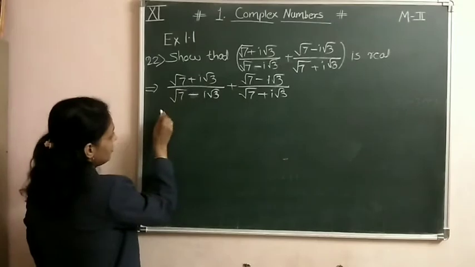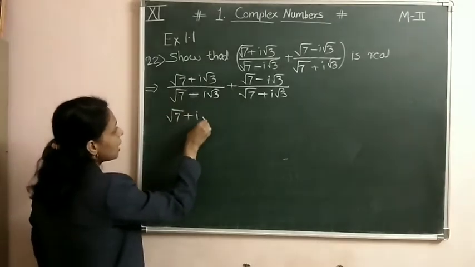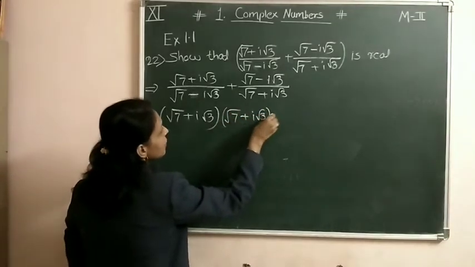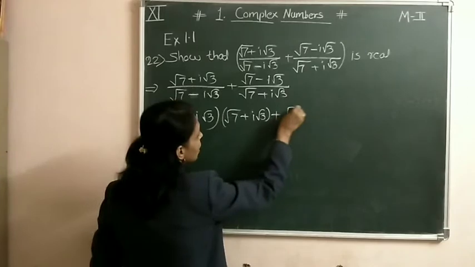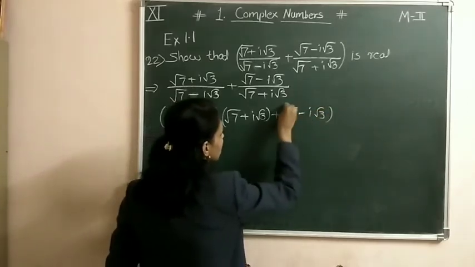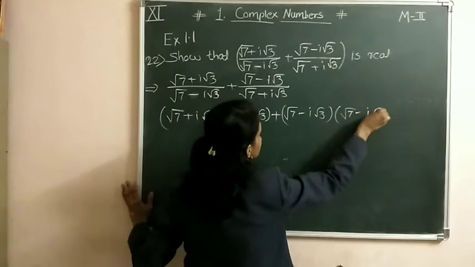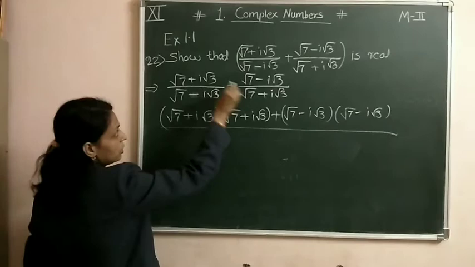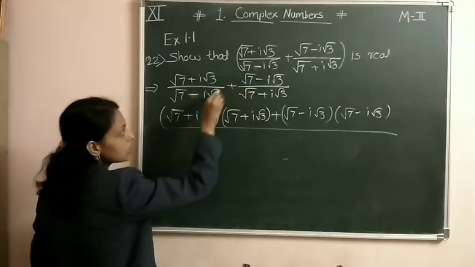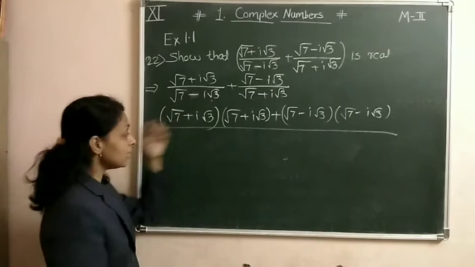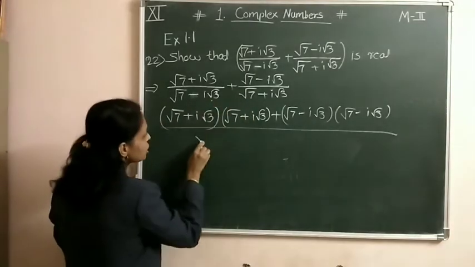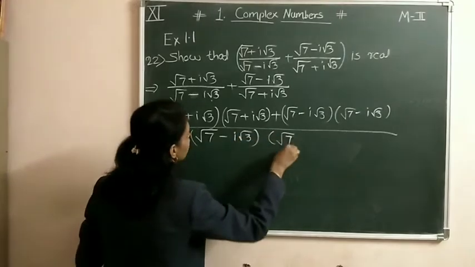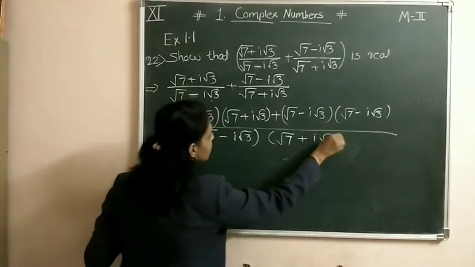This numerator into this numerator: (root 7 + i root 3) into (root 7 + i root 3), plus (root 7 - i root 3) into (root 7 - i root 3), upon the multiplication of both denominators: (root 7 - i root 3) into (root 7 + i root 3).